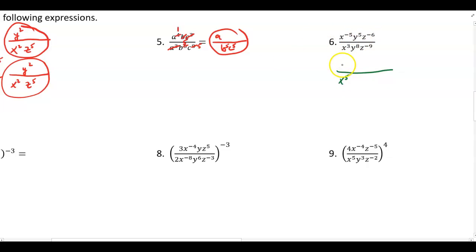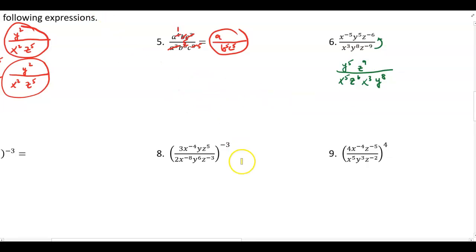Y to the 5th has a positive exponent, so it stays. Z to the negative 6 has a negative exponent, so we move it down. X to the 3rd, that's going to stay down because the exponent is positive. Y to the 8th is going to stay down because that exponent is positive. Z to the negative 9, to make that exponent positive, we bring it up.